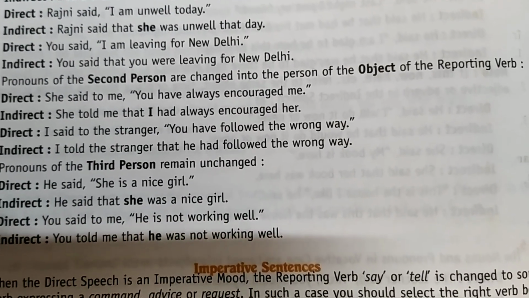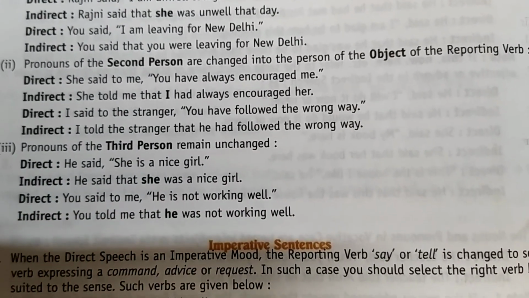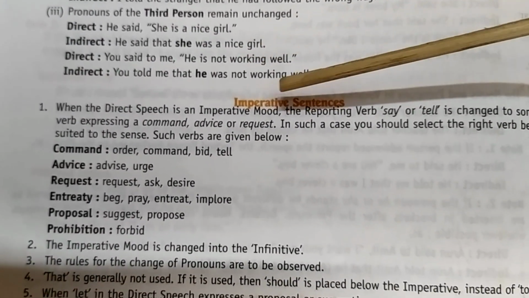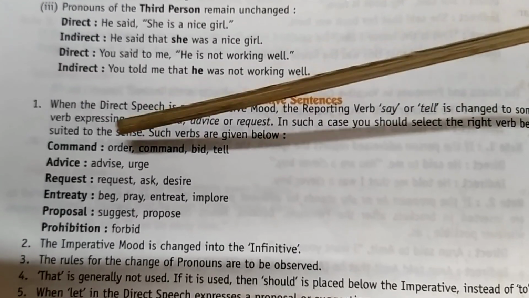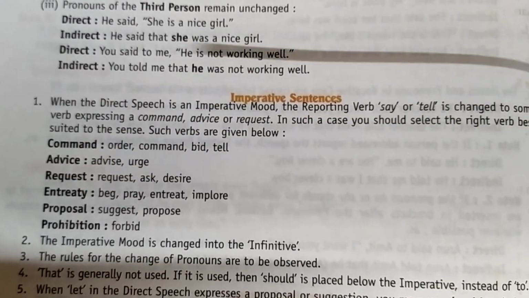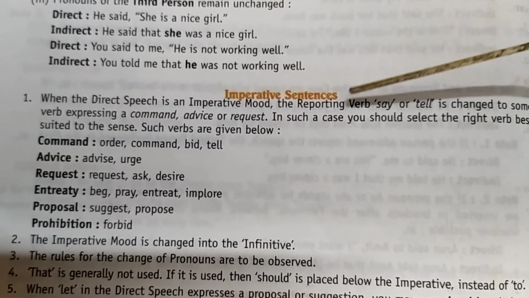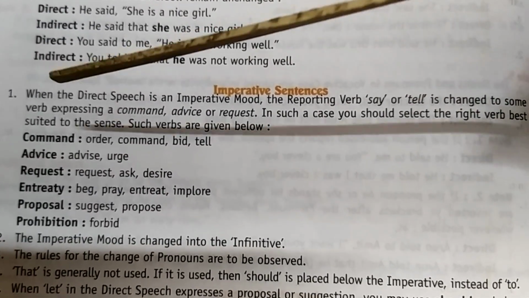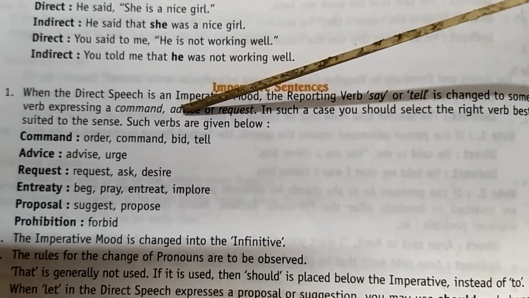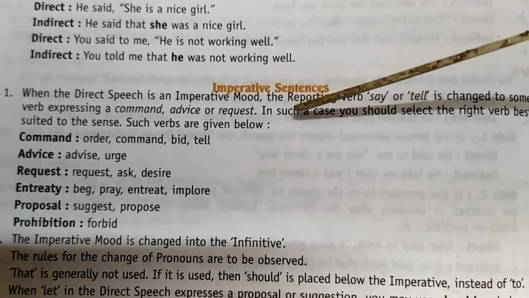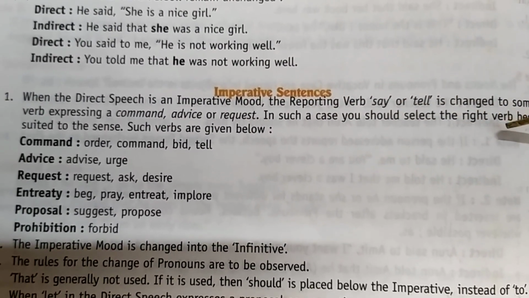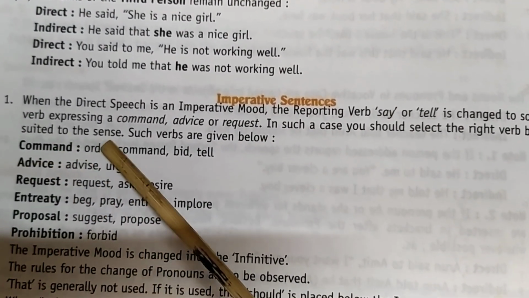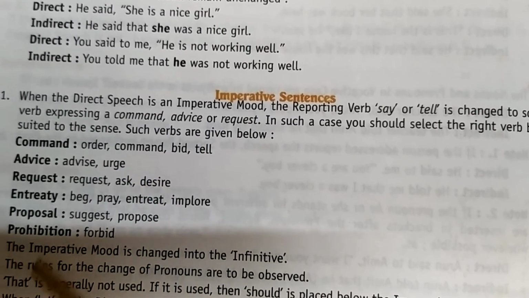Let us move to imperative sentences. When the direct speech is an imperative mood, what are imperative moods? Command, advise, request. So the reporting verb say or tell is changed to some verb expressing a command, advice, or a request. In such case, you should select the right verb best suited to the sense of the imperative sentence.